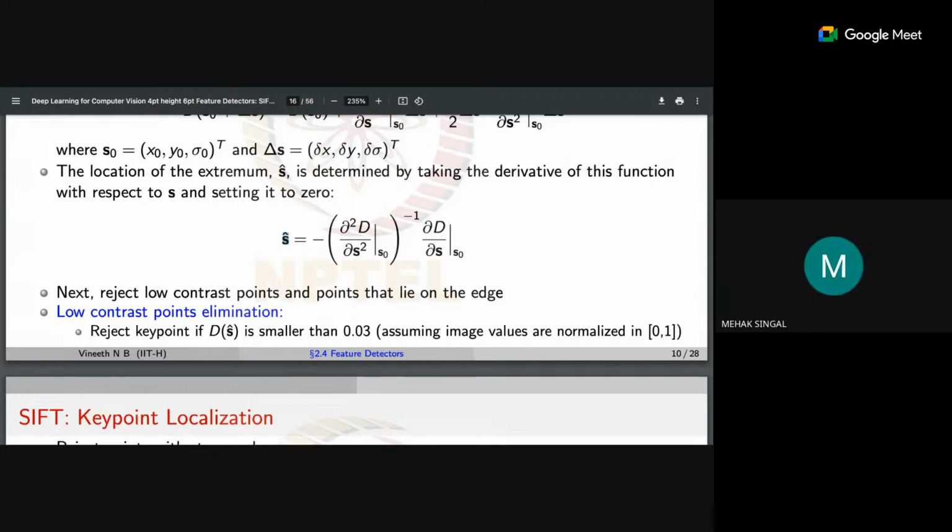To know whether it is a maxima or a minima, you need to get the second derivative. Correct. We are not going to that. We are simply rejecting the points which are smaller than some threshold at that critical point, which we are calling low contrast points. Okay.